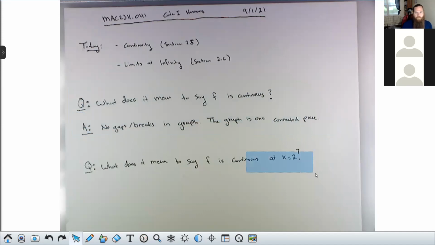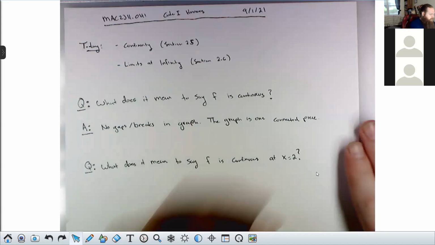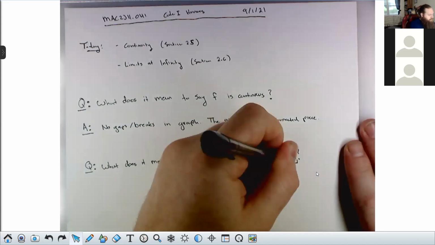So in particular, if you're continuous everywhere, then certainly you should be continuous at x equals 2. And if you're not continuous at x equals 2, that should mean you're not continuous everywhere. So here's what I'll say from an intuitive perspective.